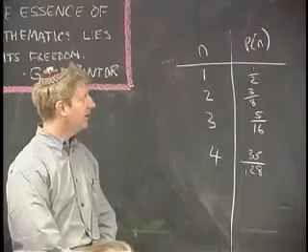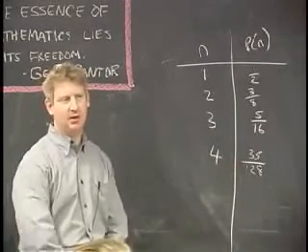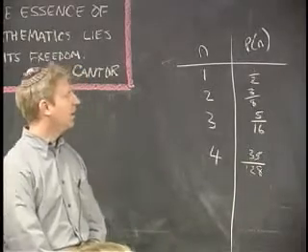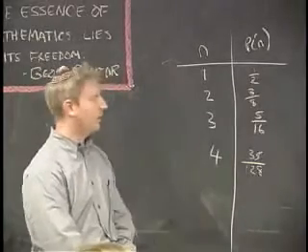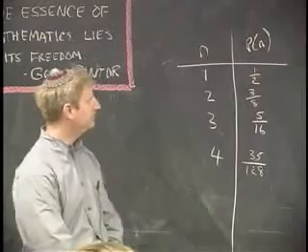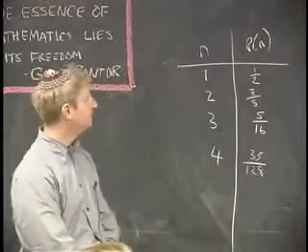OK. Nobody sees a pattern yet. How do I know what the next one's going to be without looking? Some kind of power of 2 on the bottom. And what happens on the top? It's tricky, huh?